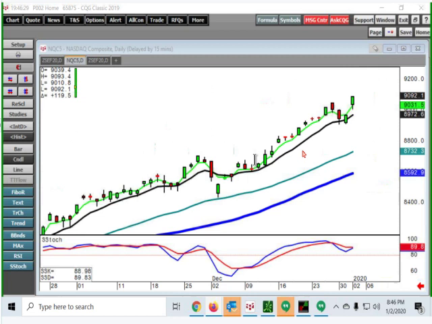And I tell people, if you don't want to take my word for it, put the exponential on your chart and see how often that result occurs, that if you're above the T-line, you're going to be in the right direction.